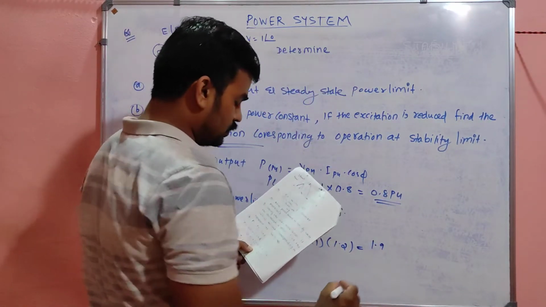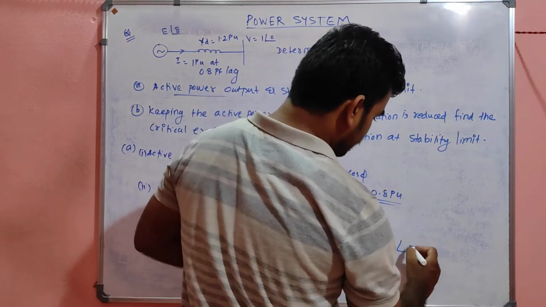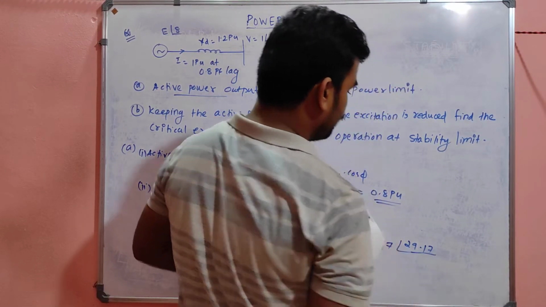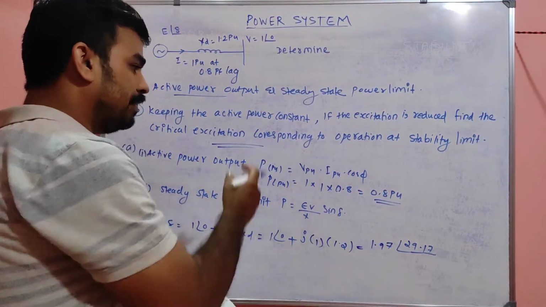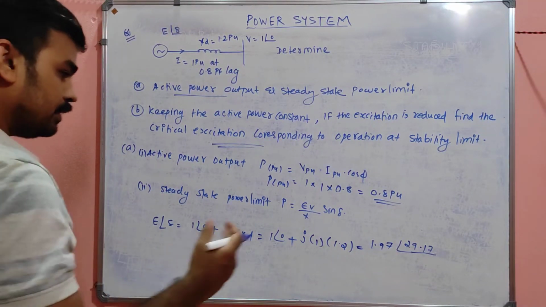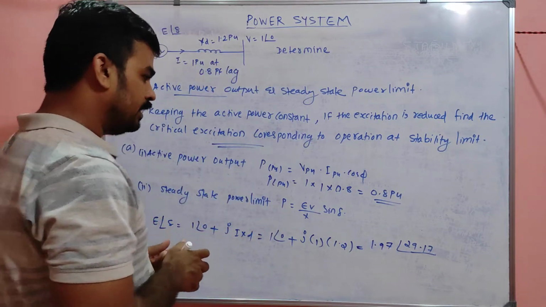It is a GATE question actually, my dear. In GATE you can use the calculator now. But take the concept, absorb the concept. A simplified version without the calculator may be asked, so you can easily solve. So 1.97 angle 29.7.